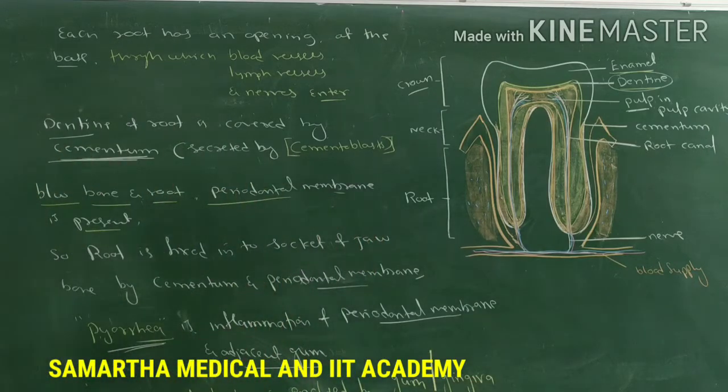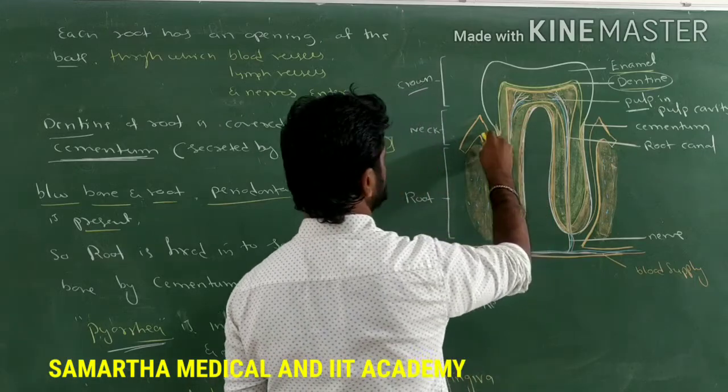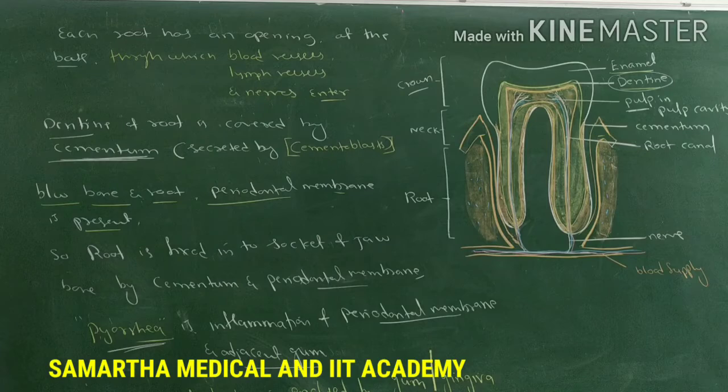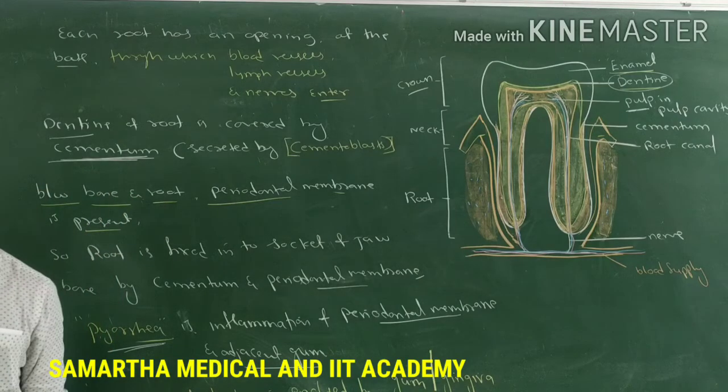So the gum or gingiva is the substance which encloses the neck part of the root, right? So this is the structure of each tooth present in human beings. Is it clear?